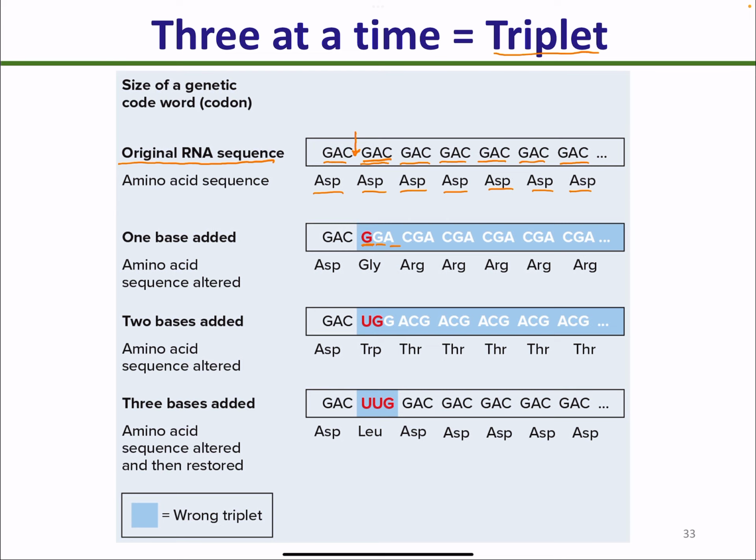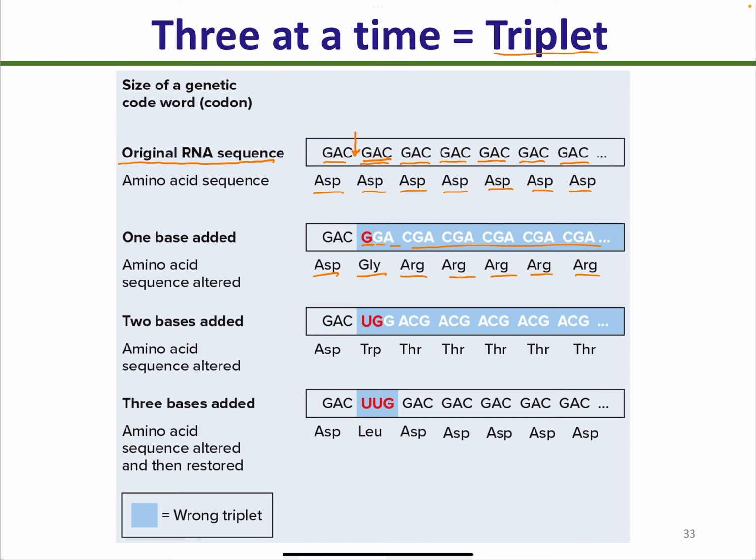And now everything else is going to be changed. As a consequence of that, let's take a look at the new sequence of amino acids. We have asparagine, glycine, arginine, arginine, arginine, arginine, arginine, which is a sequence completely different from what we started with.